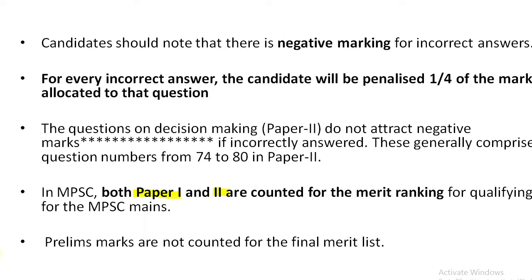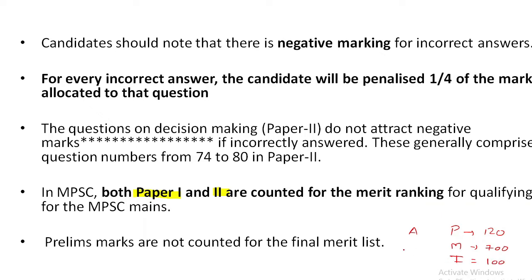Now let's move to the fifth point: prelims marks are not counted for the final merit list. I will clear it. Suppose A gives MPSC prelims and gets 120 marks. Then he qualifies for the mains and gets 700 marks, and in the interview he gets 100 marks.